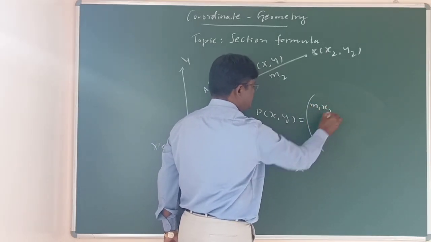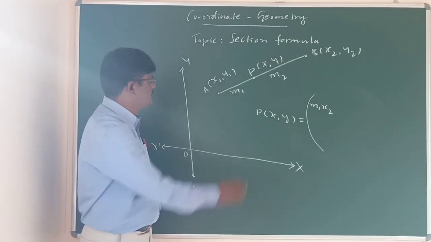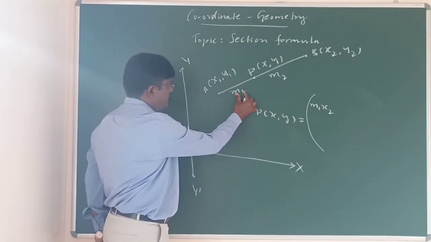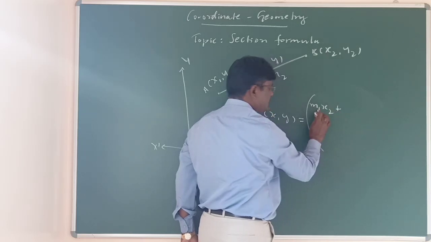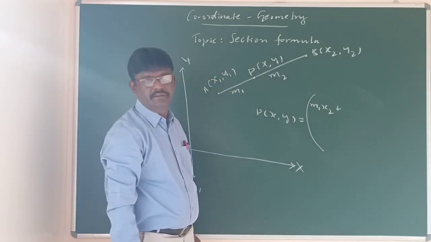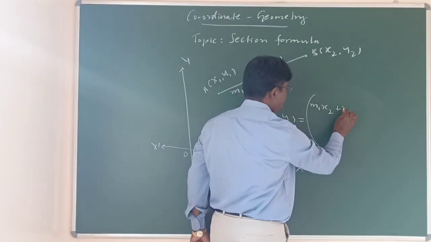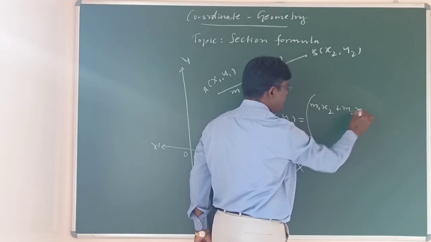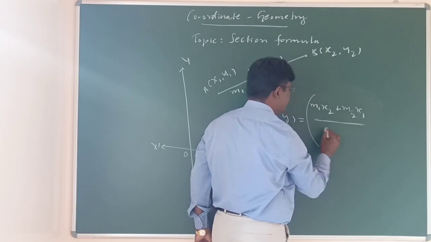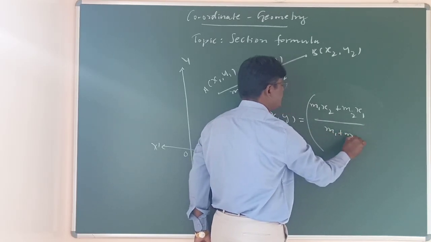m1 x2, plus, once m1 is written, next comes m2, and with 2 we have x1, all divided by m1 plus m2.